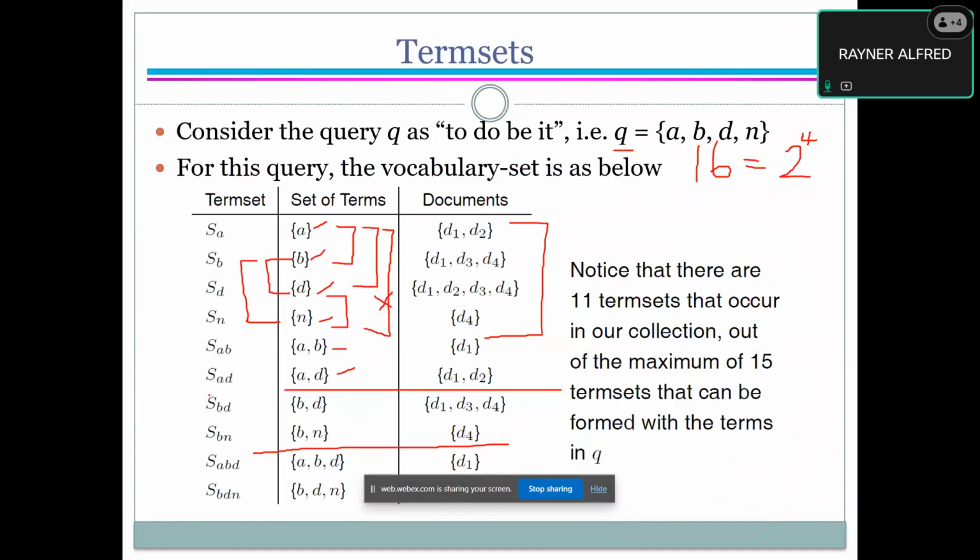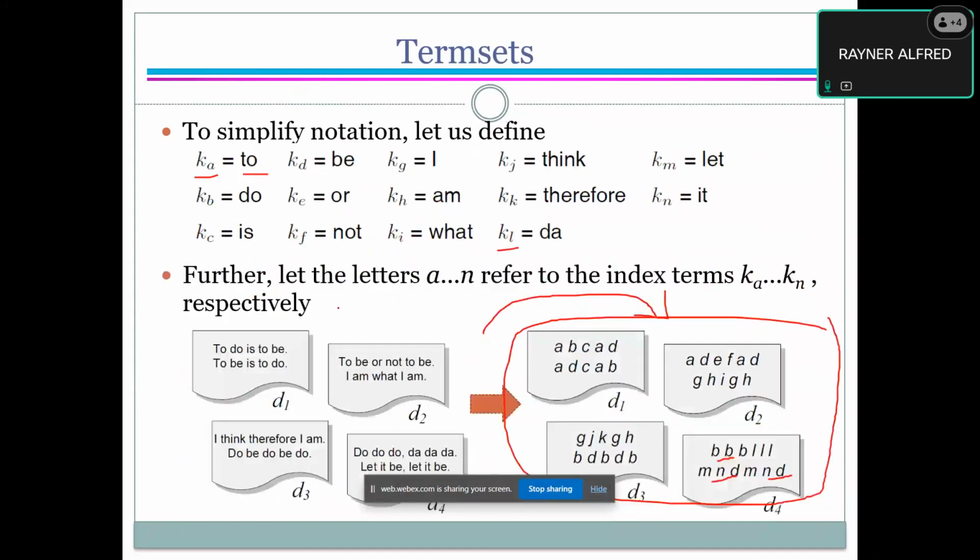Okay, AN we do not have, AN we don't have. So we skip AN, and then we continue with BD and BN, and supposed to be DN. This is the N, but we have DN here.